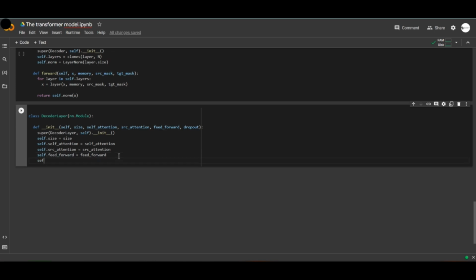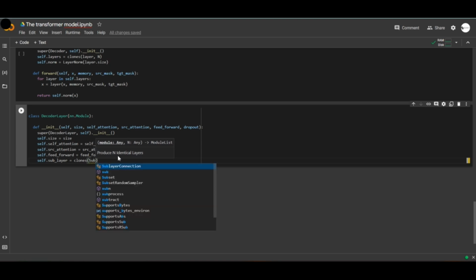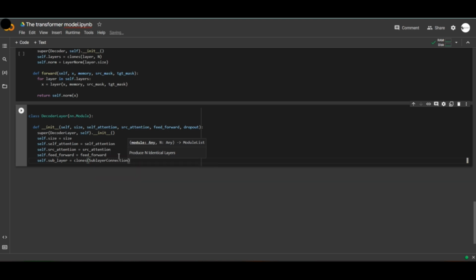So we have self.sublayers, right? So self.sublayer equals clones. We know that each layer has 3 sublayers within the decoder, which means we're going to create the residuals.